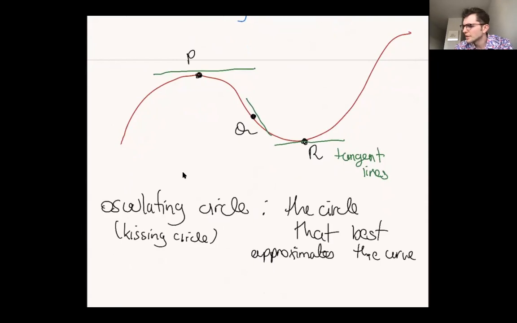In the same way in which you can define tangent lines, you can define circles which are barely touching the curve, and there's a precise definition of what the osculating circle is. I will actually show you an animation very soon.